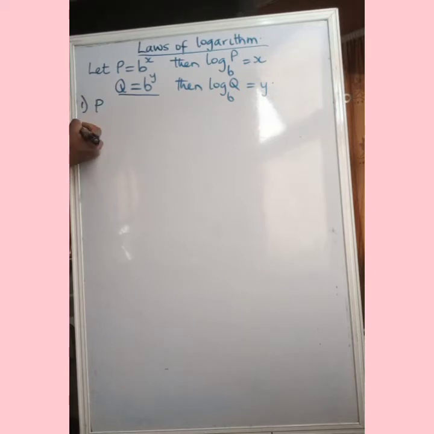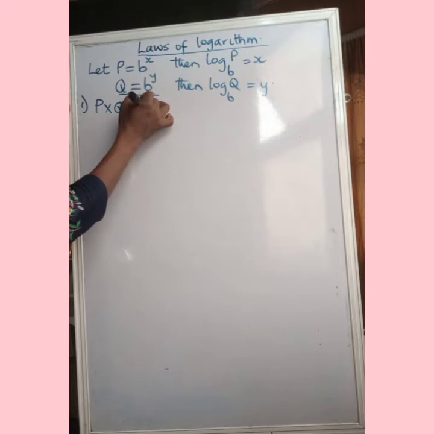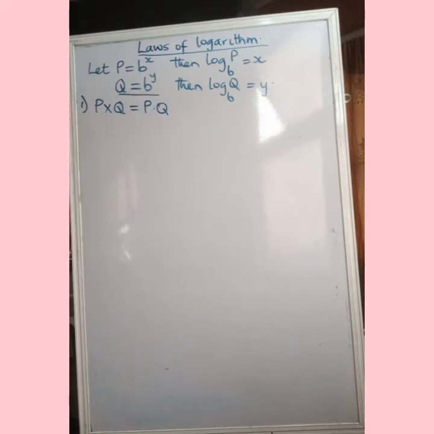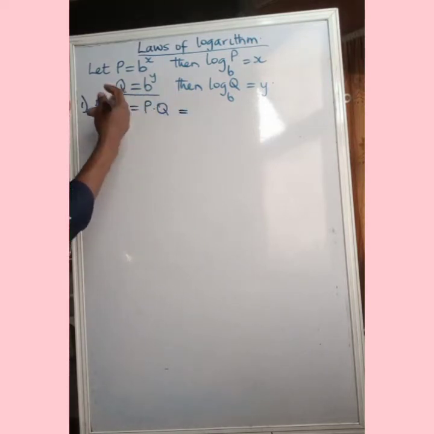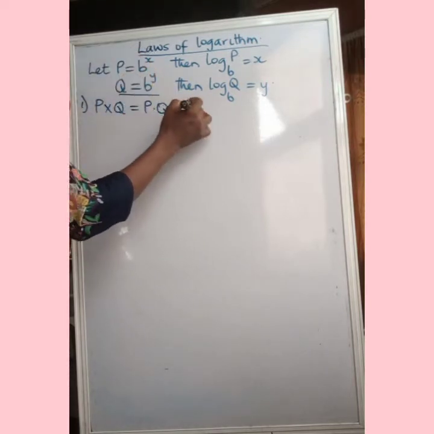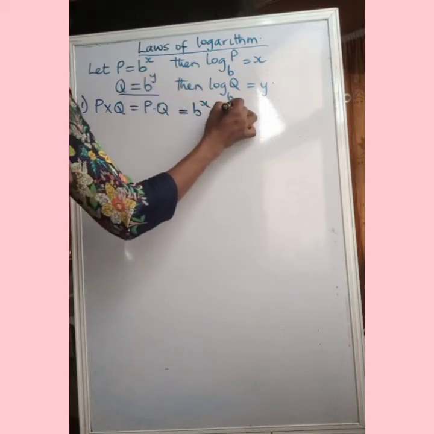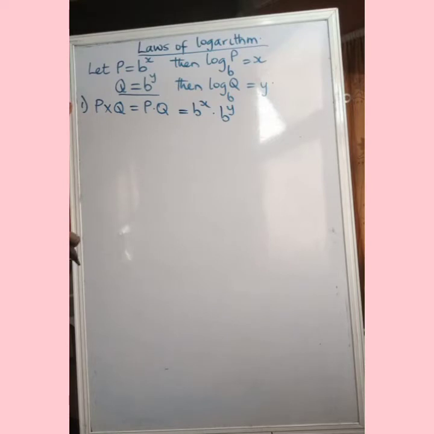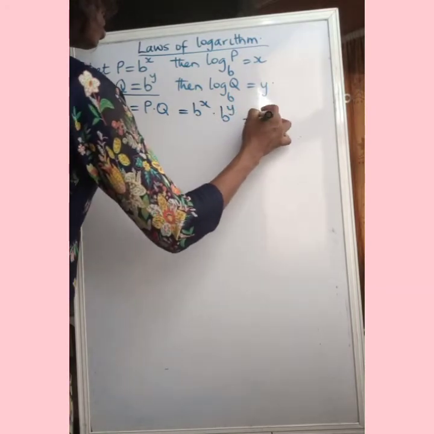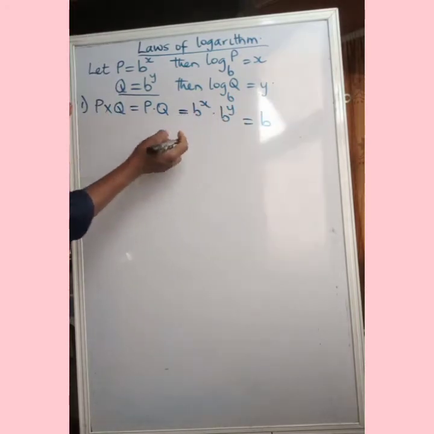When we have P multiplied by Q, it's written as P dot Q. The dot means multiplication. So what is our P? From here, our P is B raised per X multiplied by our Q, which is B raised to power of Y. Now, both of them have the same base.